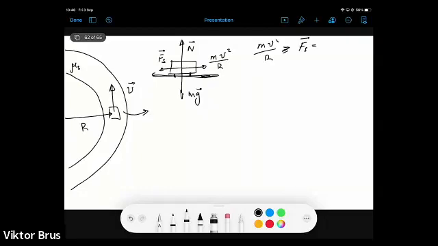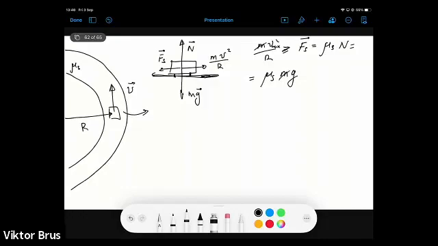And this is equal to mu s times N. So from here, we can call it V maximum. And N, again, we can express as mu s times mg. So here m and m can be cancelled out.